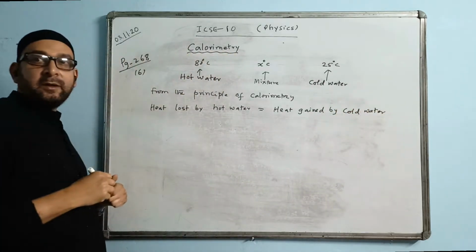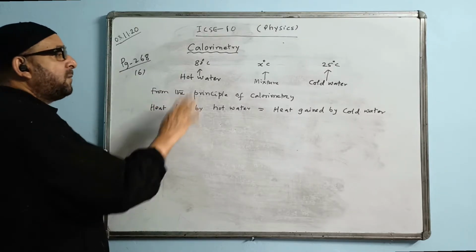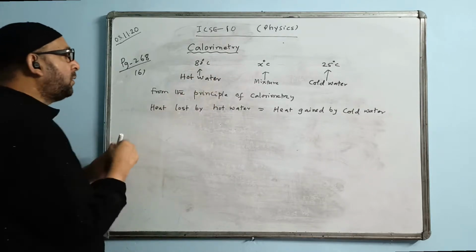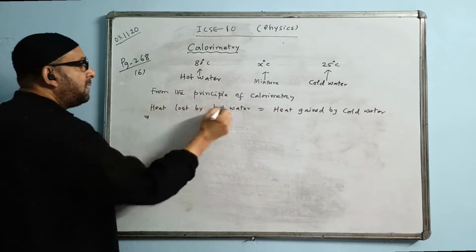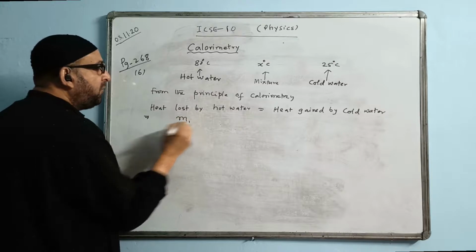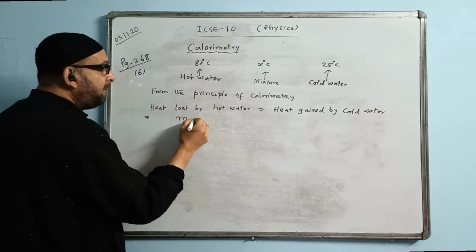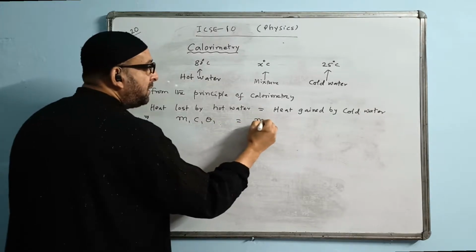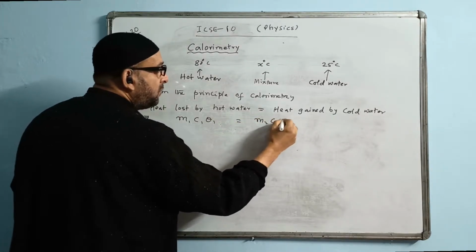We make the equation: heat lost by the hot object is equal to heat gained by the cold object. Both objects are water only. Here I will use the formula. Heat formula is m c theta. This side I write m1 c1 theta 1. Other side I write m2 c2 theta 2.